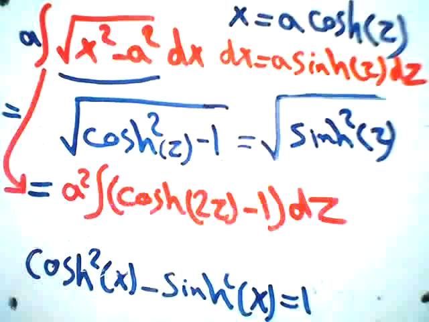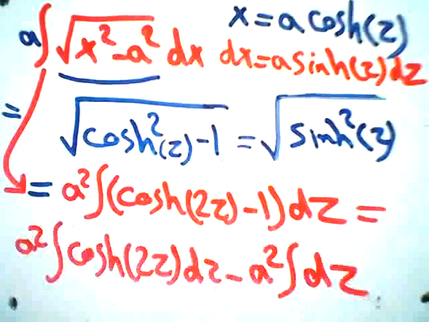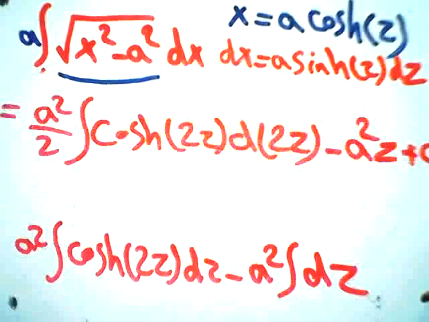Okay. Now this is equal to this, multiplying and dividing the first integral by 2 takes us to this. Also, the second integral equals z plus a constant, of course.